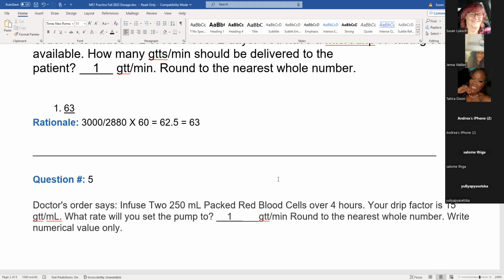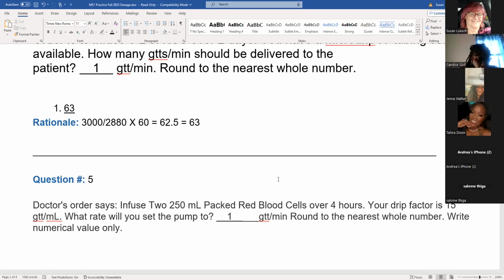What does drop factor mean? Total volume over total time in minutes times the drop factor, in gtt per minute. Always a whole number. That's the formula.